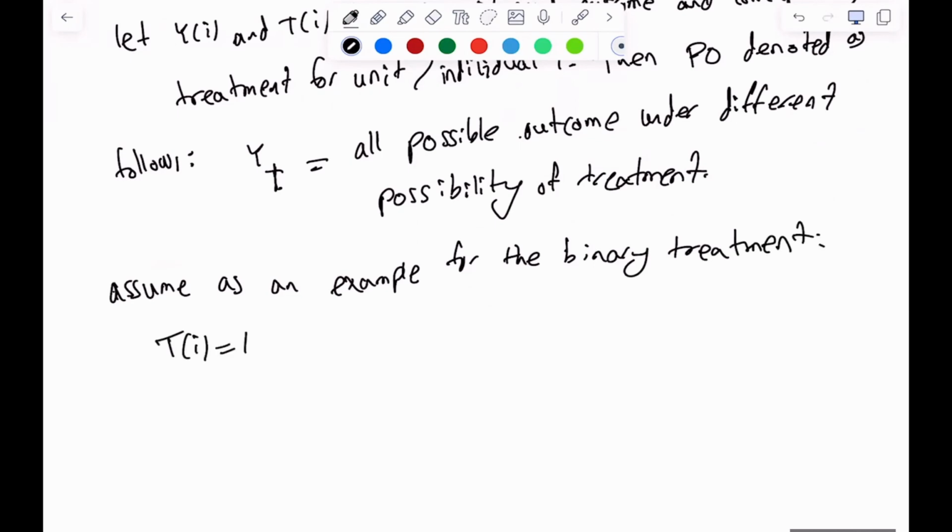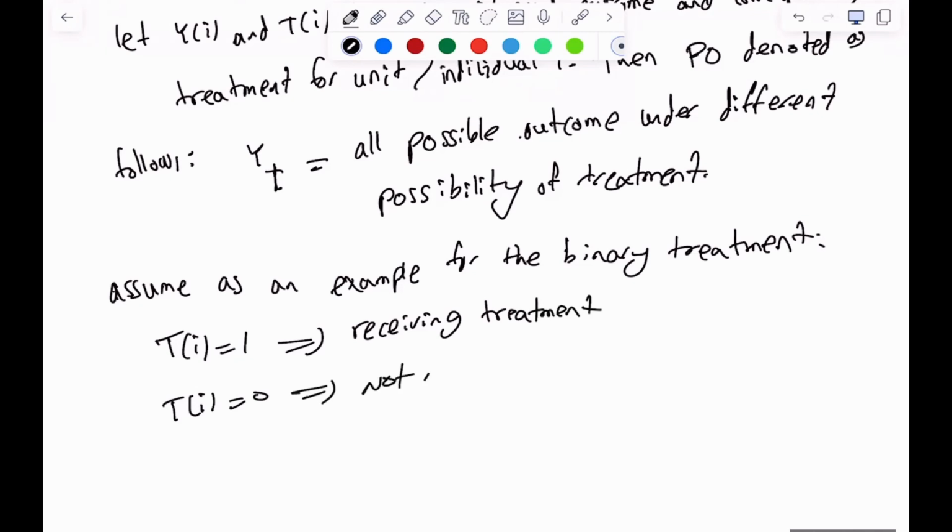It means t_i equals 1 or t_i equals 0. t_i equals 1 means receiving treatment, and t_i equals 0 means not receiving treatment, for individual i. Remember, it's for individual i. So let's say we have n observations, n individuals: t_1 equals 1, t_2 equals 1, t_3 equals 0, t_4 equals 1, t_5 equals 0. Like, the last person did not get the treatment.